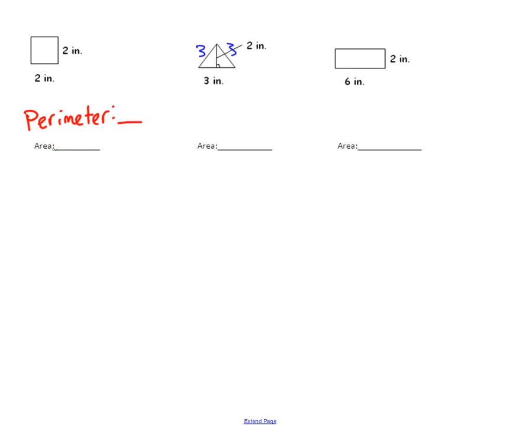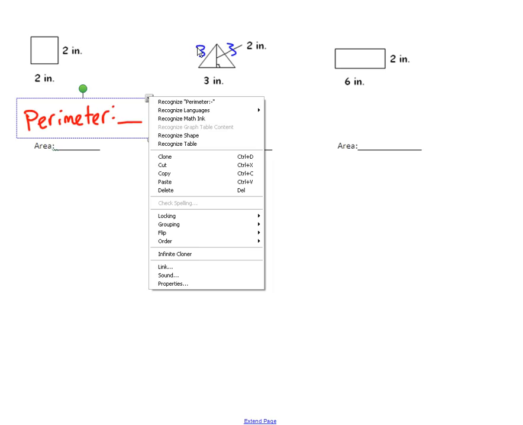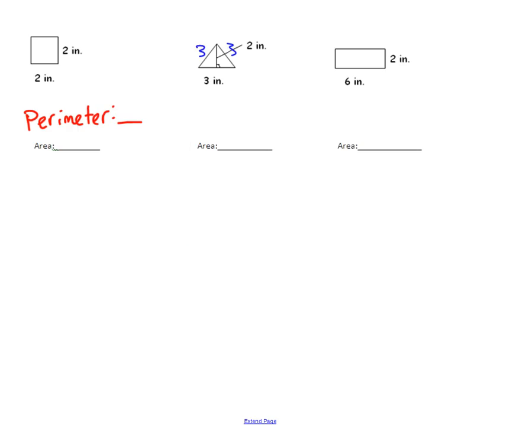So we're going to find the area and perimeter. We're not going to do anything with scale factor just yet. So we're just going to look at, and don't actually write it on the lines just yet, just on the shapes above it. What is the perimeter of this square?